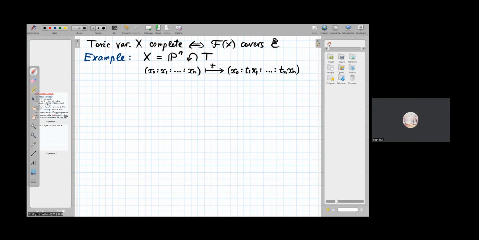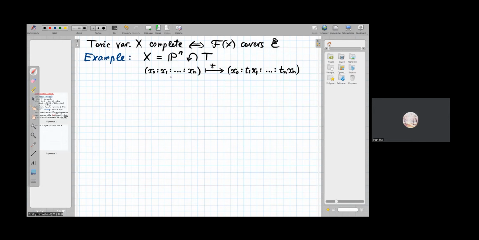You may first consider the action on the n-dimensional affine space. The torus acts by diagonal matrices on the affine space, and the coordinate x0 is non-zero. It is equal to 1, for instance. And this action extends to the whole projective space by this formula, the very natural action.